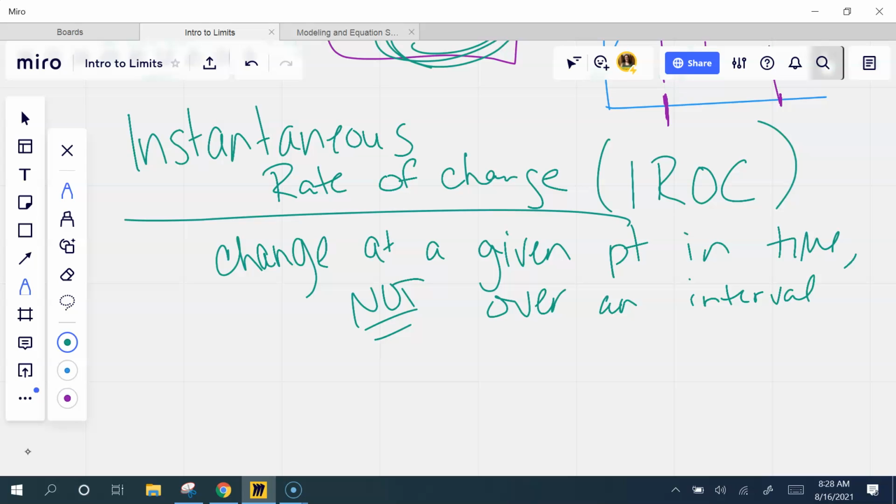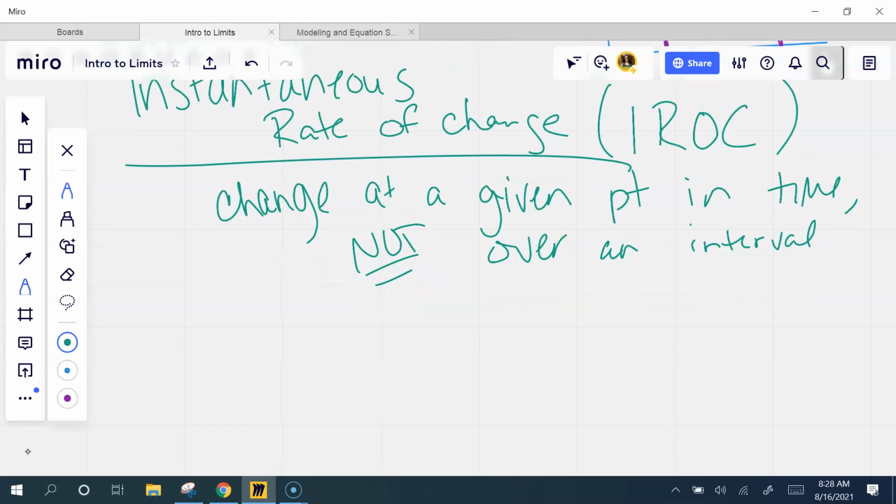Yes. But what we're going to do right now to find it is we're going to plug in some values that get closer and closer and closer to 0 and see what happens, before we actually do the algebraic. All right, so we're not over an interval. We said if you want to write down, we can't divide by 0. This is kind of what we discussed.